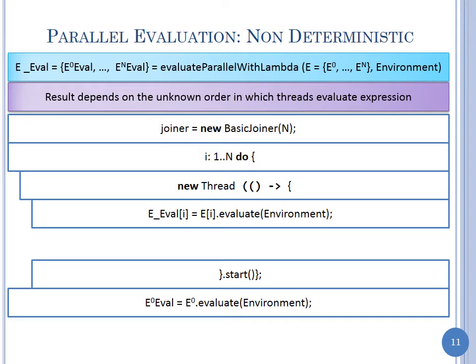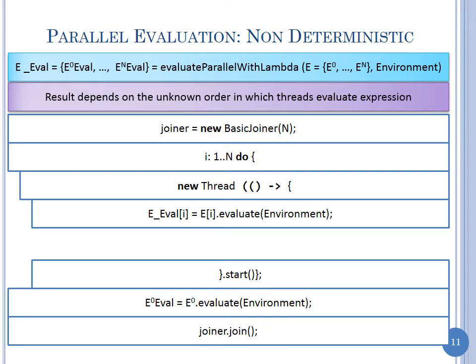Okay, so we'll have a join object, and we'll give the join object the count, that there's going to be n minus 1 threads that I want to join with. We'll do a joiner.join. And then I've got one blank piece left.